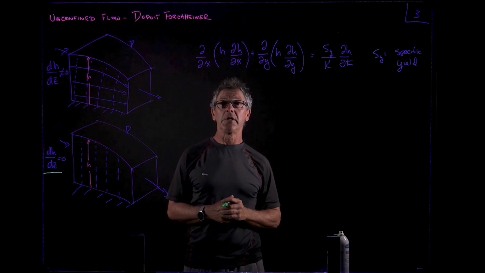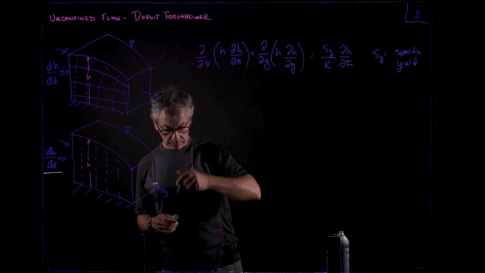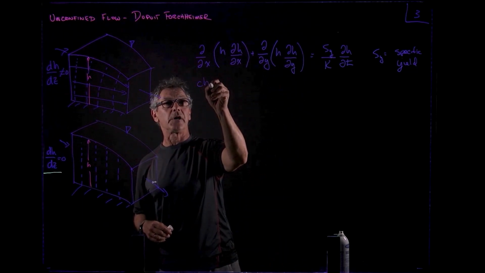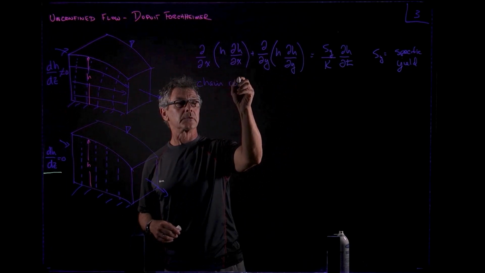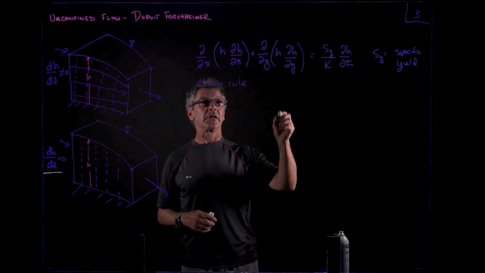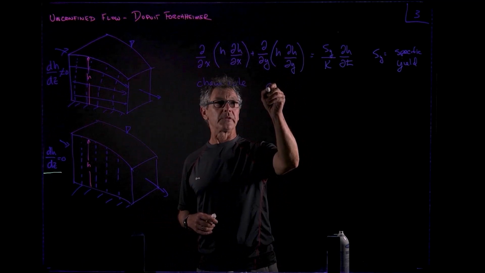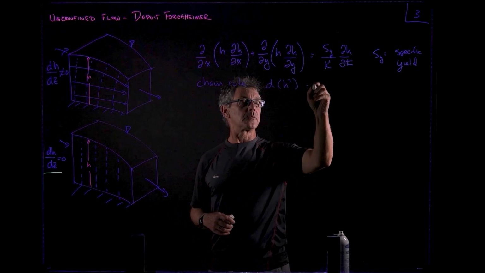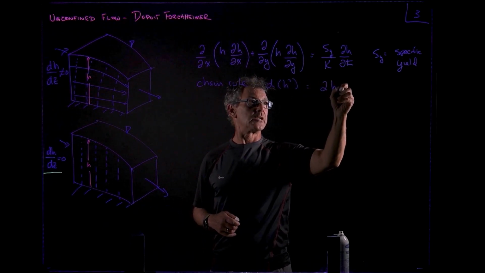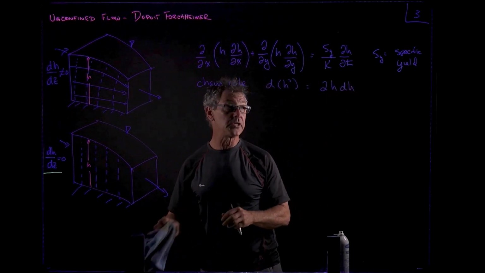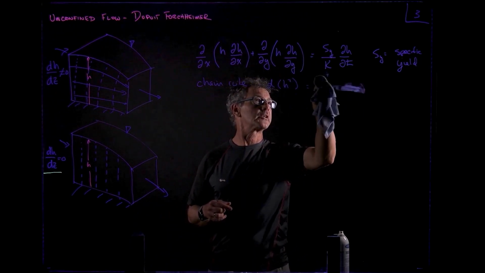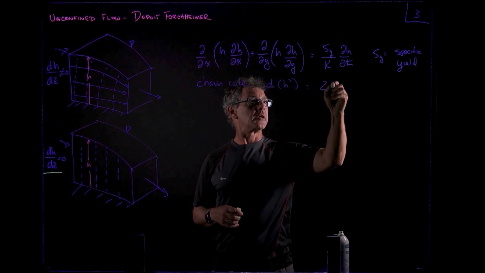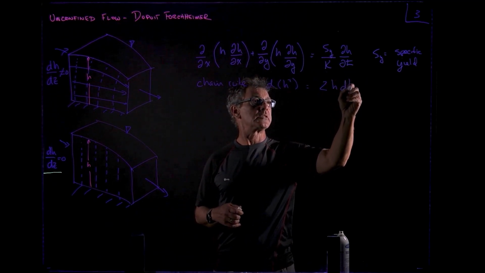And I can show that to you by using the chain rule. Use the chain rule, as you recall. And that is, remember, if we take the derivative of h squared, that's equal to 2 times h dh. Let me change my 2 so it doesn't look like the partial, so we don't get confused here. So that's 2 times h times dh.